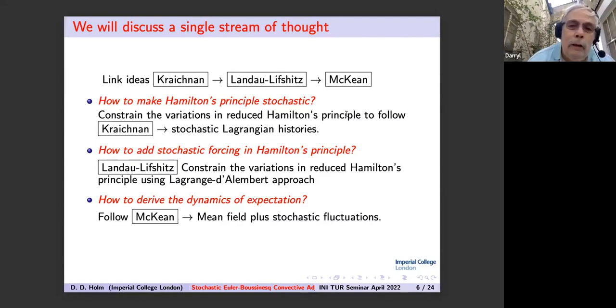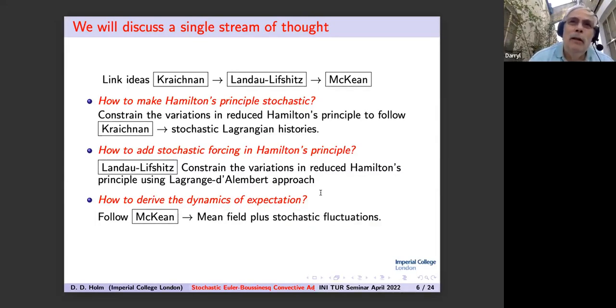Now, the next step is like the step that we heard from Greg last week about the Navier-Stokes equations, which Kraichnan was working so much on. The way he was trying to explain it was in terms of stochastic forces that had to be included into the Navier-Stokes equations, for example. And to get those, what you do is you constrain the variations in the reduced Hamilton's principle using the Lagrange-D'Alembert approach.